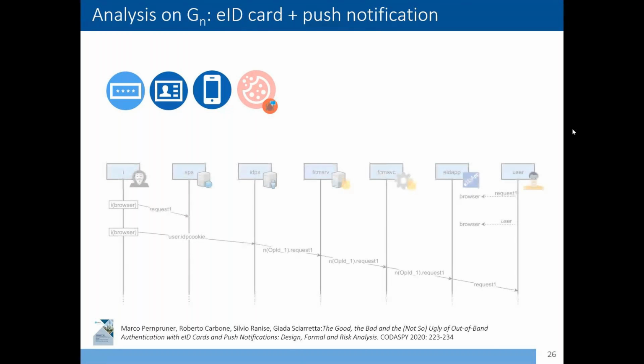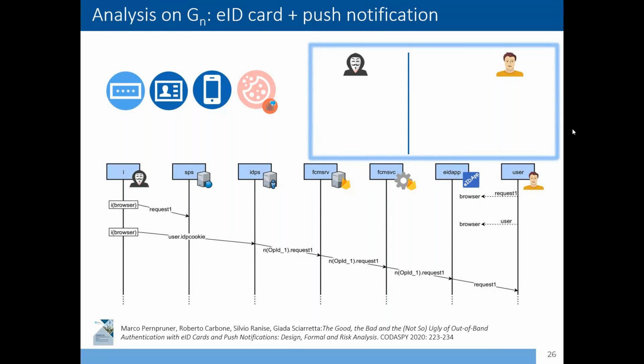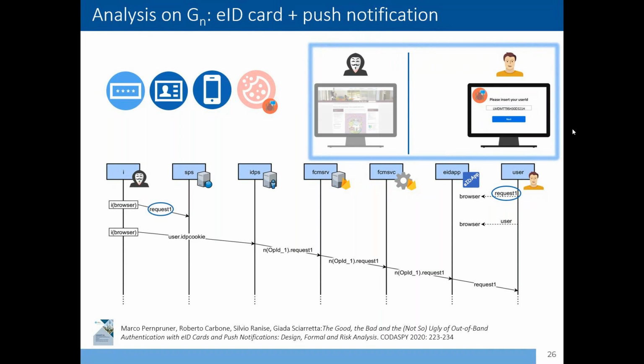So we have a user who starts an authentication, so a login session with an online service. And the attacker in consideration is a man in the browser. This attacker is able to detect the ongoing operation and is able to perform the same request on his device.